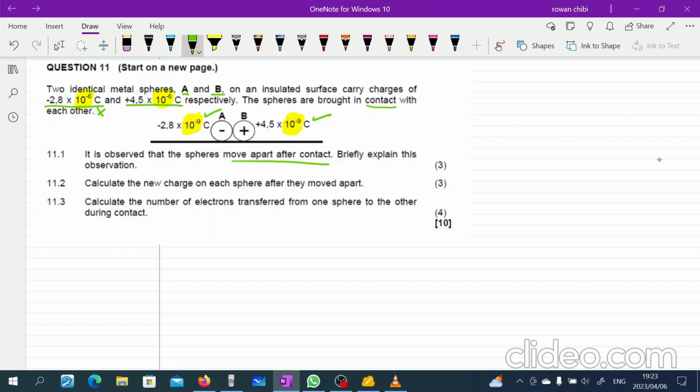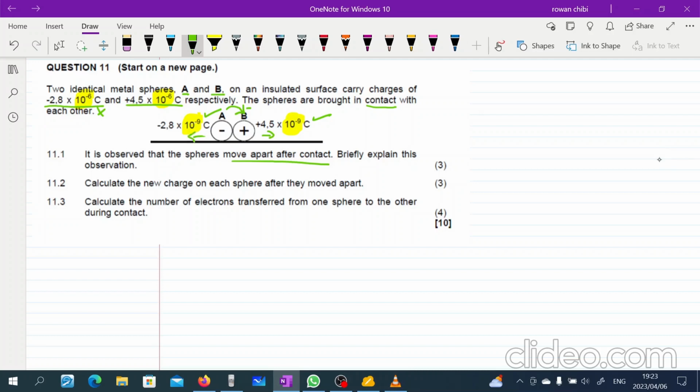What's happening at that time? They are sharing electrons. In this case, A is negative, so A will share electrons to B. And then when they have shared enough or equal amount of electrons, they will be equal amount of charges. Then after that, we know they will separate or they will repel each other.